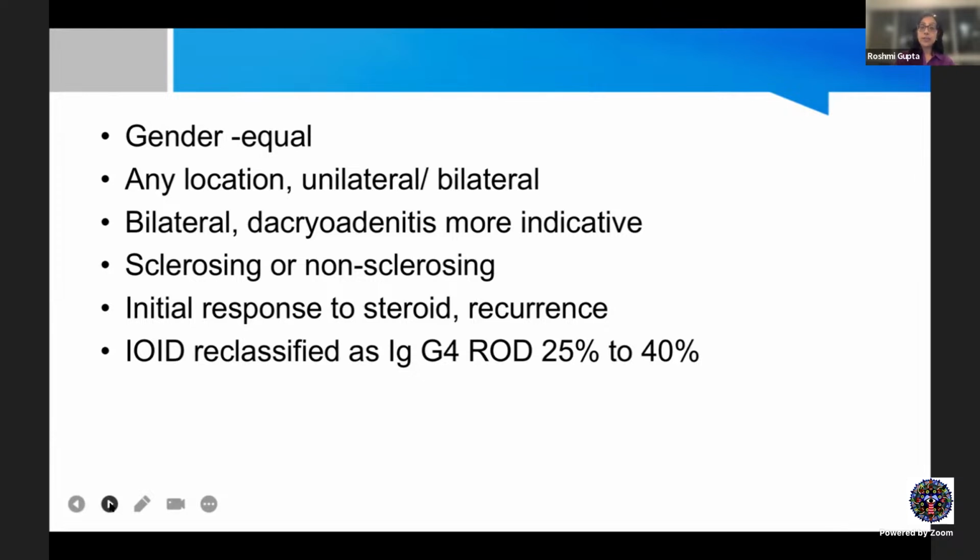Once the awareness of IgG4-related orbital disease grew, a lot of doctors reviewed their old lists, old cohorts of idiopathic orbital disease, and reclassified 25% to 40% as IgG4-related disease.